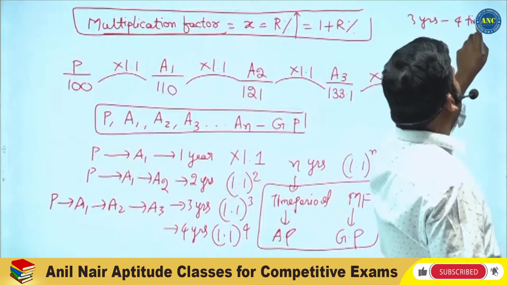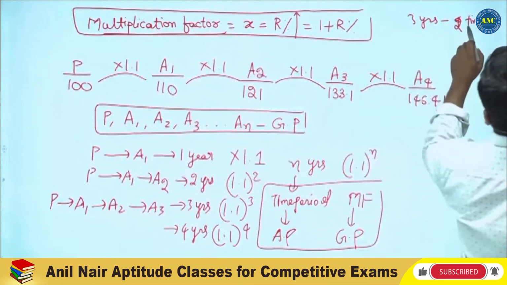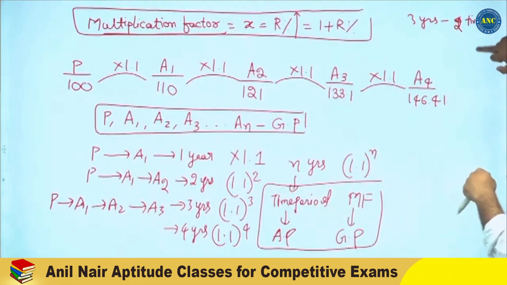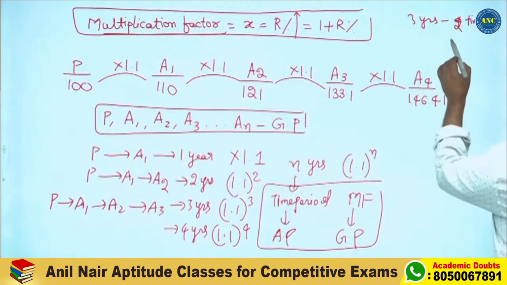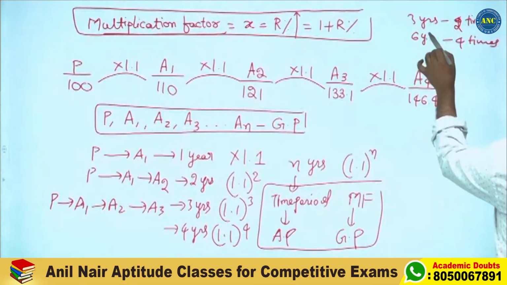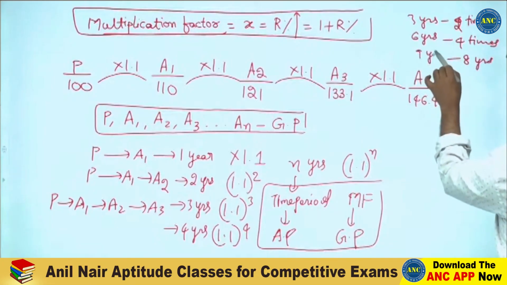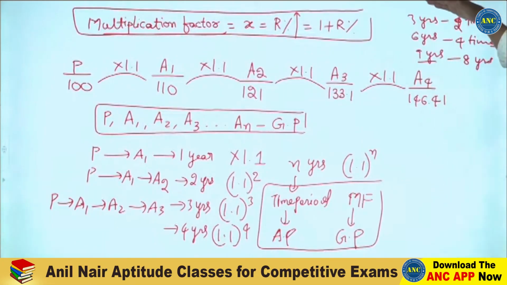I got 3 years, 2 times. I want 8 years. 8 years means number of times will go in geometric progression. So 4 times it is 6 years, and 8 times it is 9 years. Time period will always go in arithmetic progression.